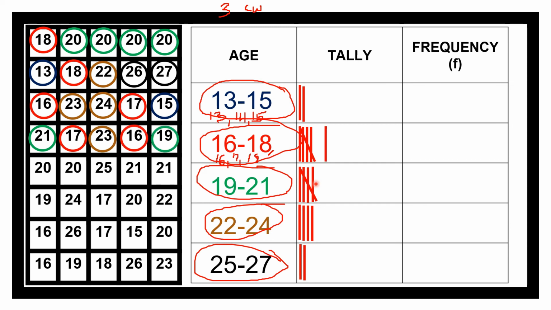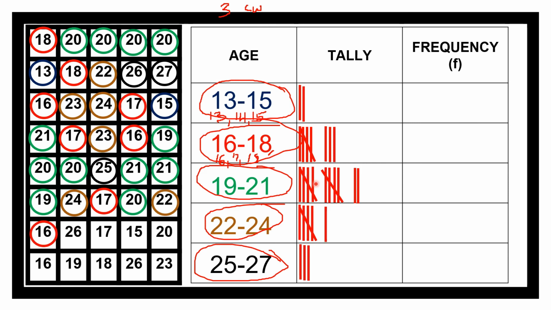Again, 20, 13, 18, 22, 26, 27, 16, 23, 24, 17, 15, 21, 17, 23, 16, 19, 20, 20, 25, 21, 21, 19, 24, 17, 20, 22, 16, 26, 17, 15, 20, 16, 19, 18, 26, 23.